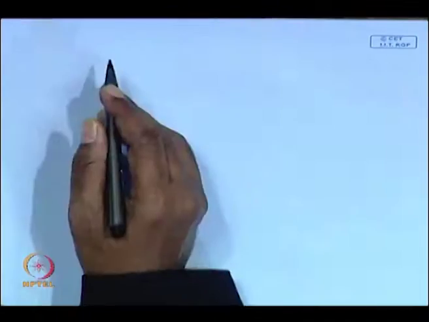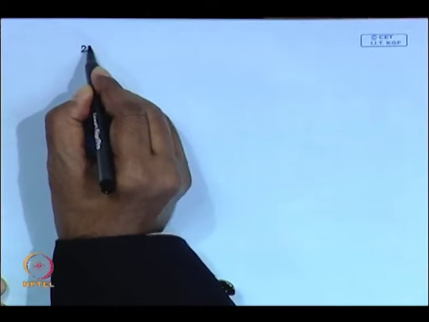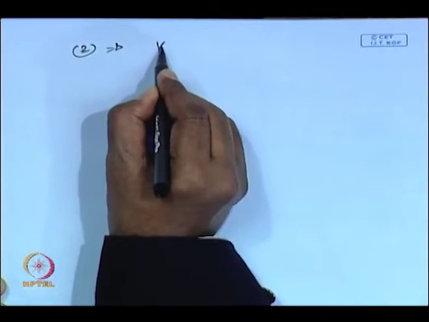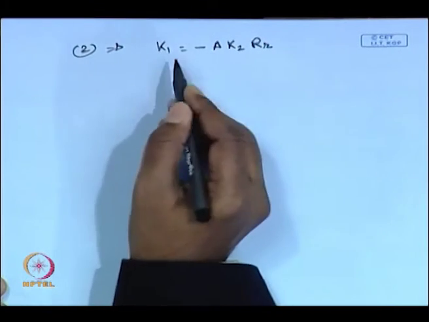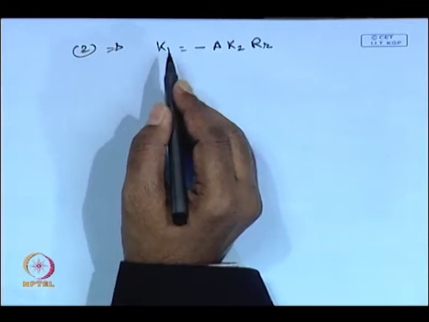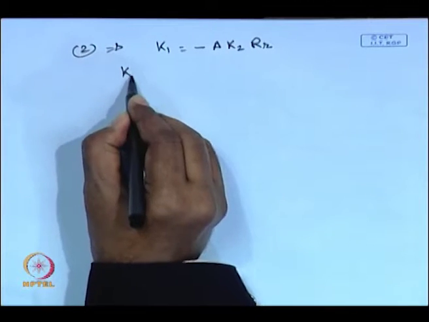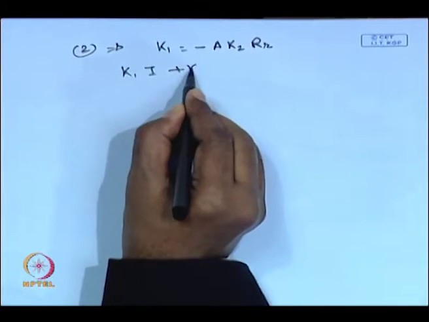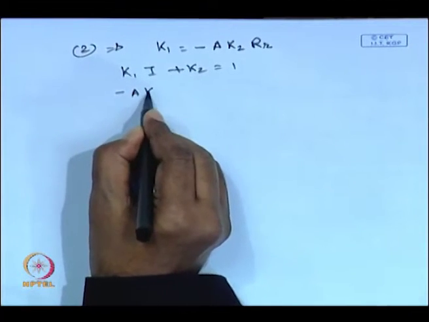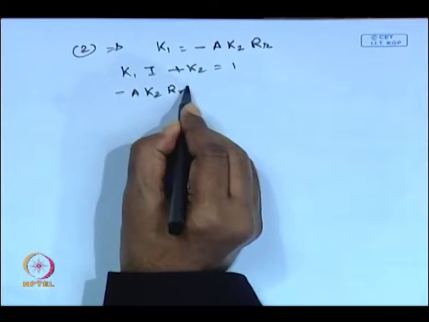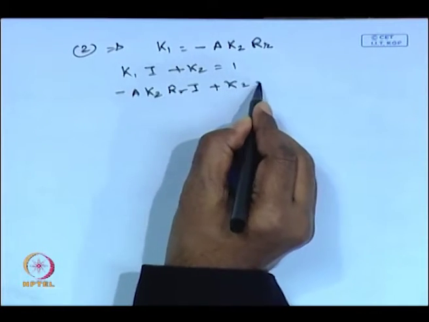Okay. So, from equation 2, we will be getting k1 is nothing but minus a k2 rr. You just put it into the first equation, that is k1 I plus k2 is equal to 1. So, k1 is minus a k2 rr I plus k2 is equal to 1.